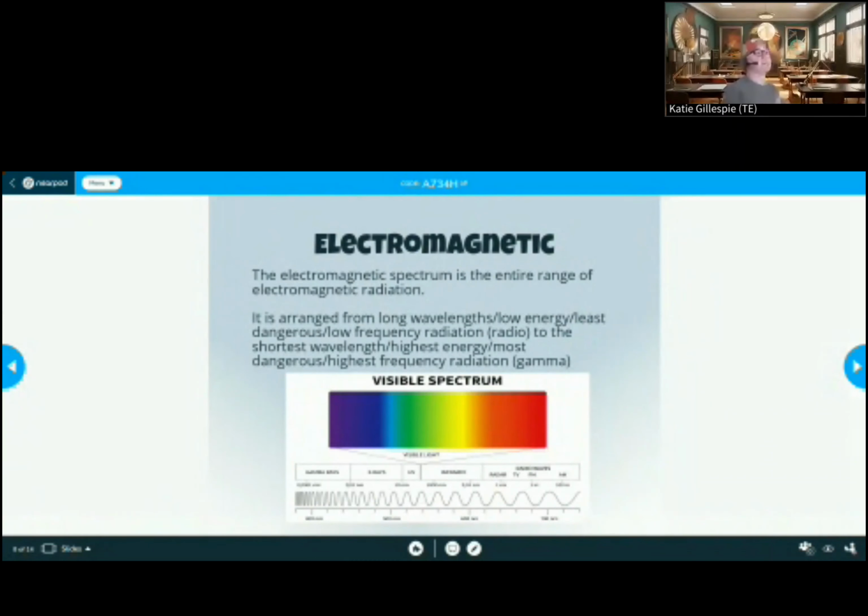This is an entire spectrum of electromagnetic radiation, from the very longest wavelength, the least energy and the lowest frequency. We're talking about radio waves there. You can see that at the right end of this diagram here.